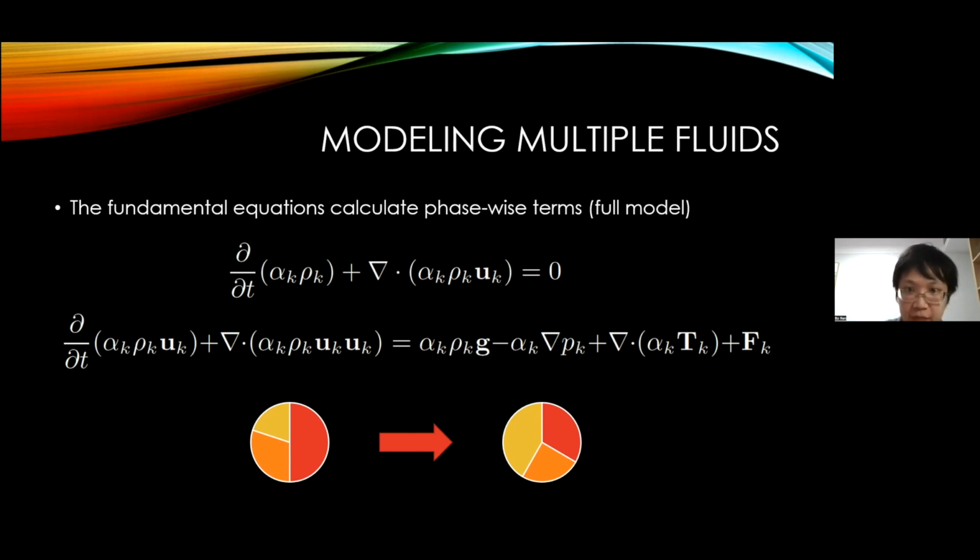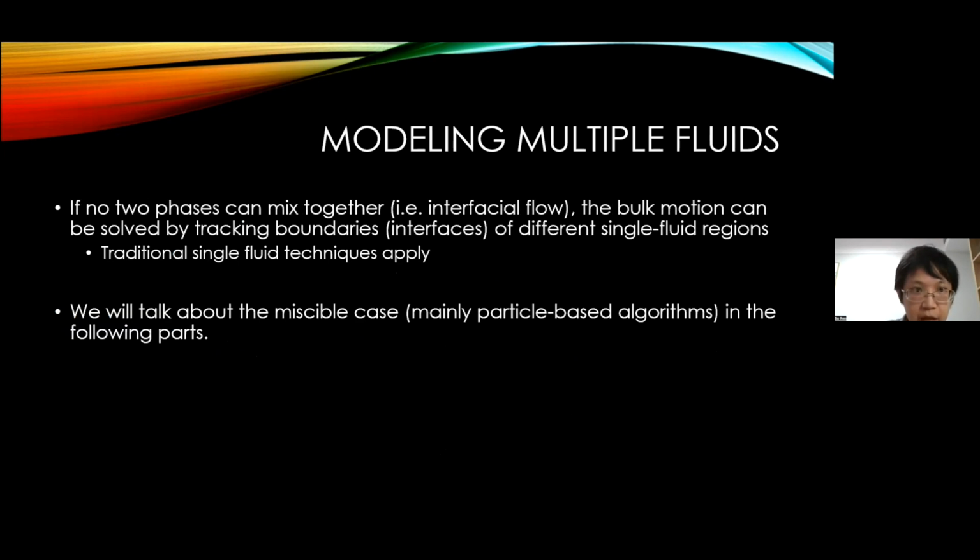But if these phases can mix together, we will call them a miscible flow. If they cannot mix together, we will call them an interfacial flow.